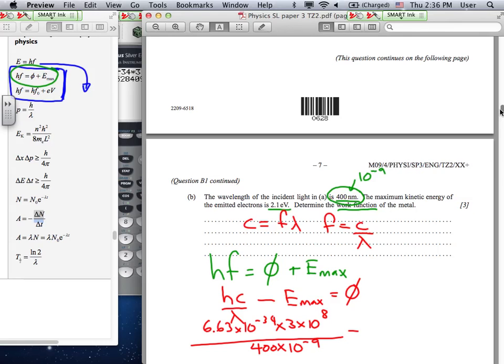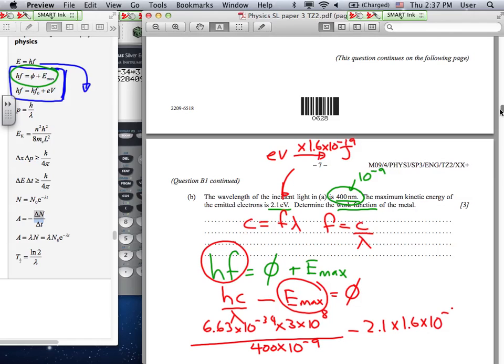And now we're going to minus our E max, but because this hf here is in joules, this E max is in joules, so we're going to have to do a conversion from our electron volt into a joule. And as we know, when you go from eV into joules, we must multiply by 1.6 times 10 to the negative 19. So it's going to be minus 2.1 times 1.6 times 10 to the negative 19.